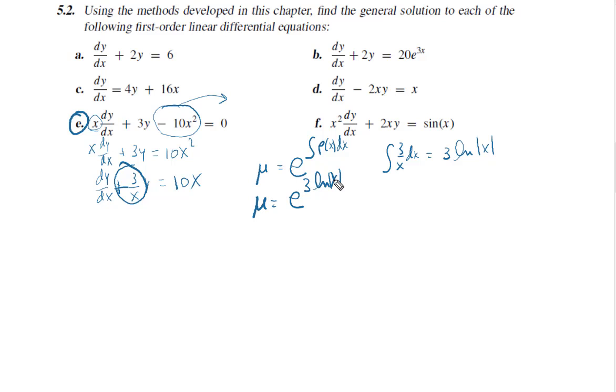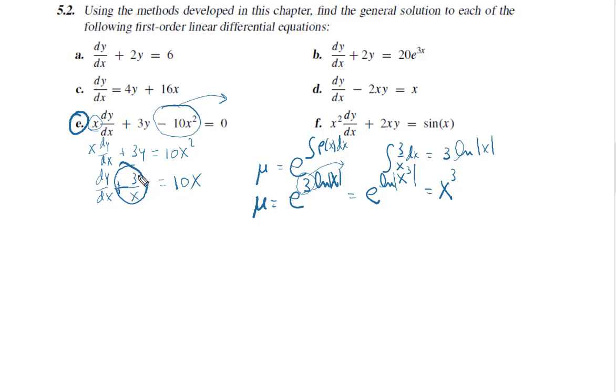Now to use the properties of logarithms on that, we will move the 3 up here in the exponent. That would be e to the ln of x to the 3. And e to the ln of x to the 3 comes out to just be x cubed. So that's our integrating factor.